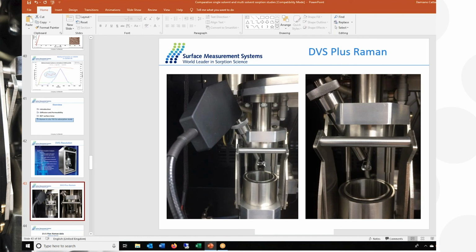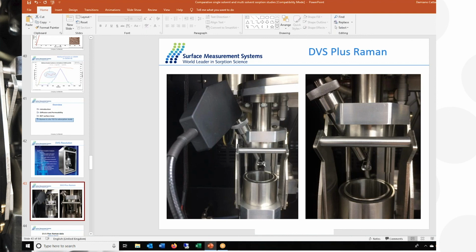Obviously, the main factor is that we need to reach a certain distance between the tip of the probe and the sample. The closer we are, without touching the sample and interfering with the balance, the better the type of data that we can collect.